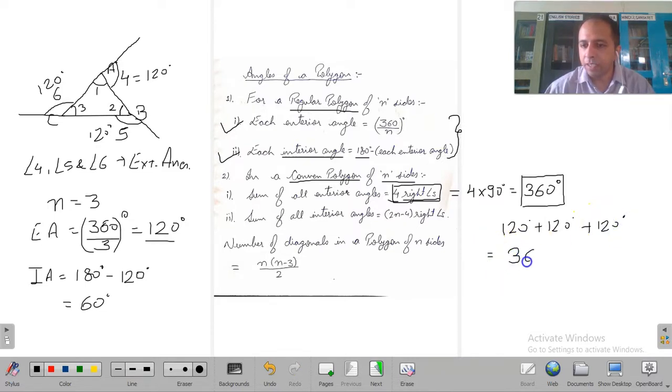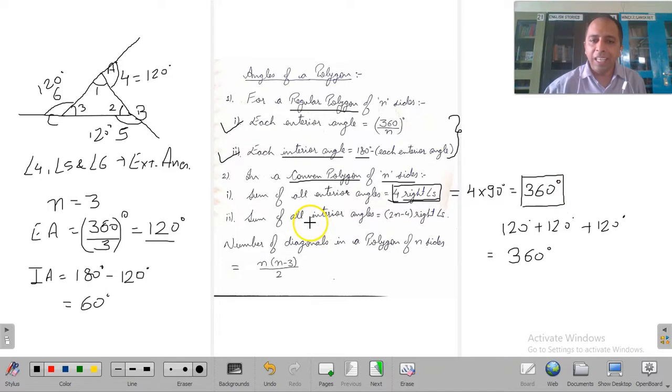It is 360 degrees. So for all types of polygons with any number of sides, the sum of exterior angles remains constant. This formula is applicable for convex polygons only. It is 360 degrees, the sum of all exterior angles.